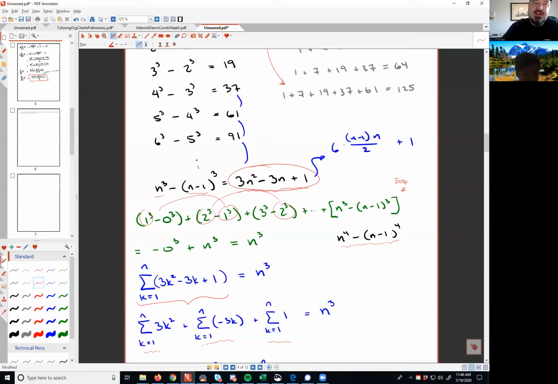Do that subtraction and then think about the summations of the terms. They still cancel? What do you mean? The ones cancel and then the twos and then the threes. What's n minus 1 to the 4th power?